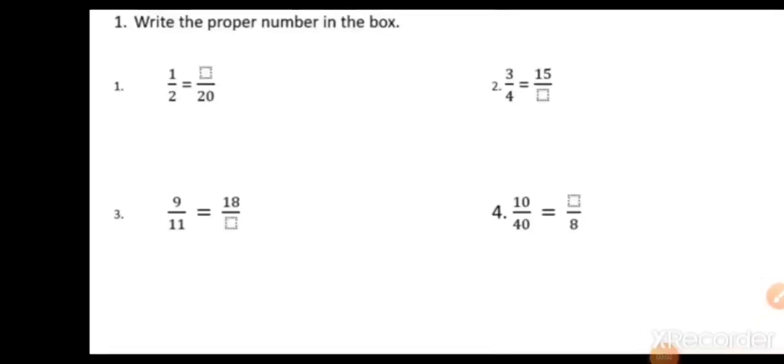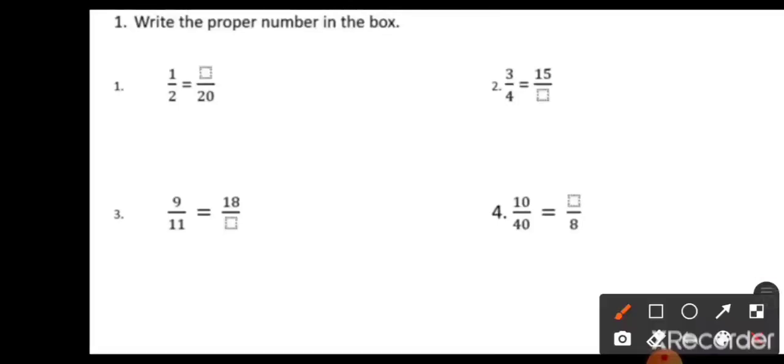Problem set number 17. Question number 1. 1 upon 2 is equal to dash upon 20. In this question, 1 upon 2 is equal to dash upon 20. Here the denominator 20 is given.